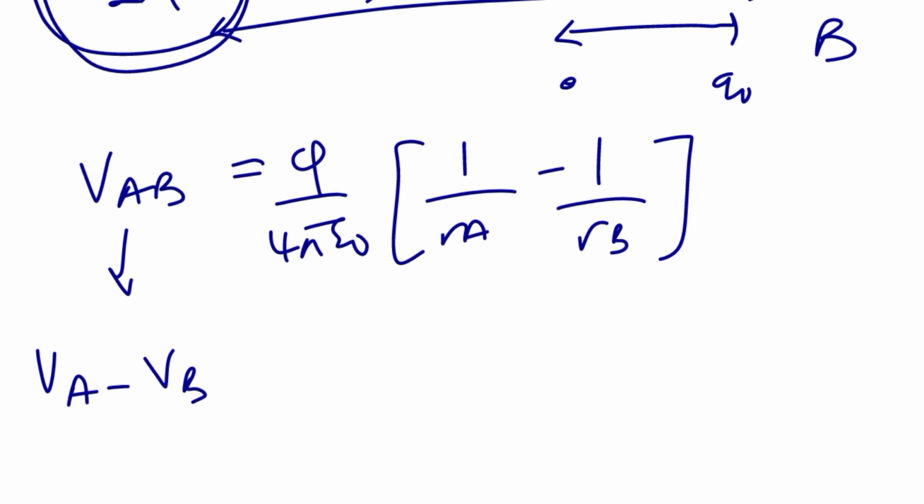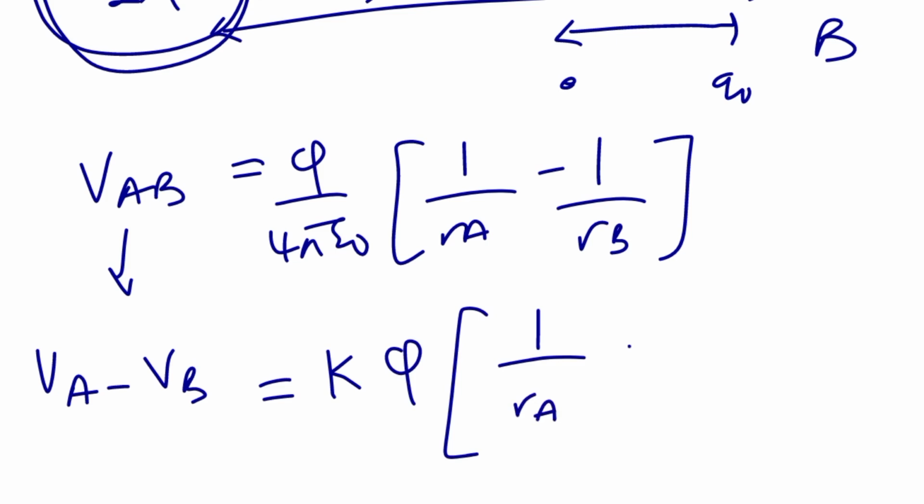Here, 1 over 4 pi epsilon naught is K, so we have K times Q, then open bracket 1 over RA minus 1 over RB.